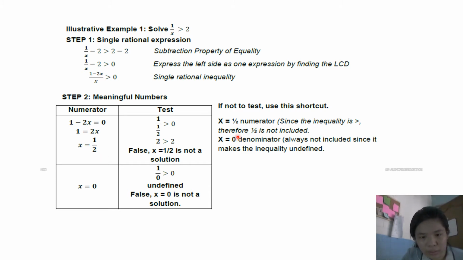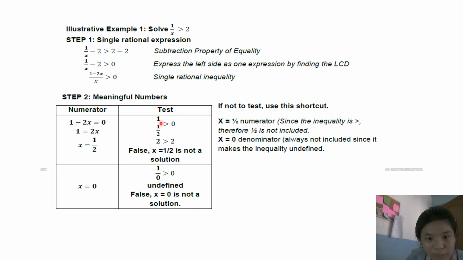So, x is equal to 1/2, the numerator. Since the inequality is this, therefore 1/2 is not included. So, itetest na natin. Sabi dito, nakuha natin 1/2, right? So, itetest natin, titingin tayo dito sa original inequality natin. 1 over x is greater than 2.